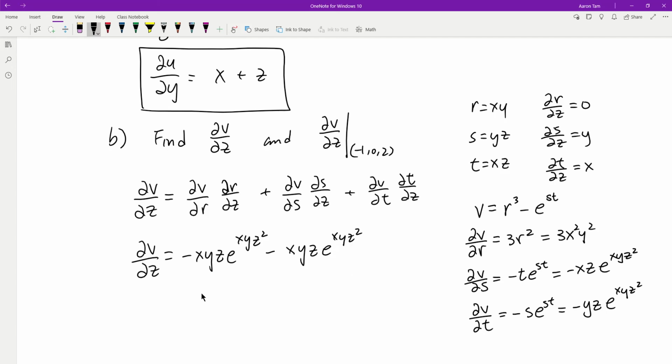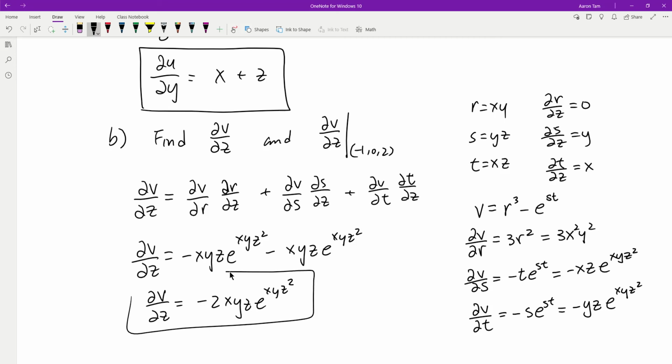So that comes out to be two of them. That seems to be what dv over dz is, which is kind of interesting, but that's what it is.